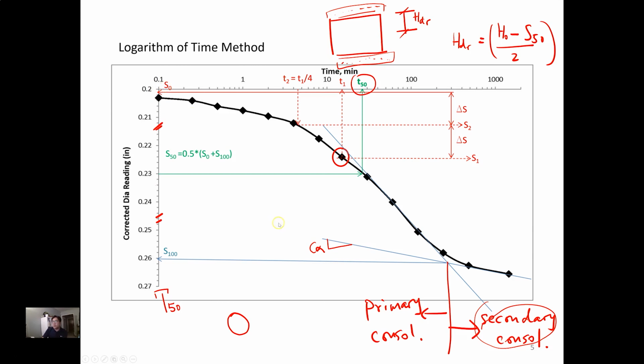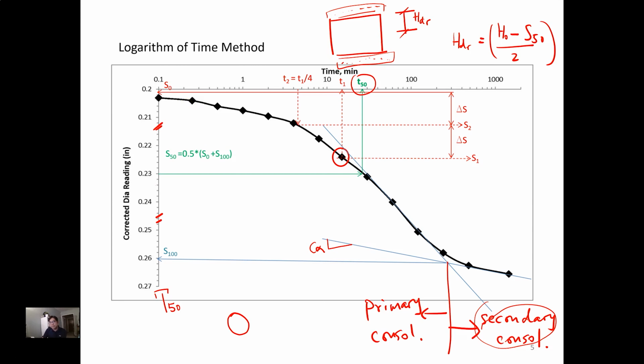But on the other hand, it gives you some certainty on the S100, because you can clearly identify the point that marks the end of primary consolidation and the beginning of secondary. So we have more faith in this S100 for this method, but it is trading off the S0.